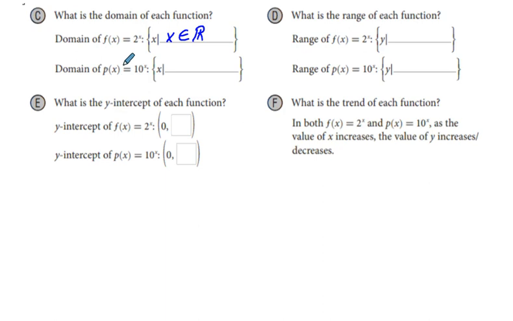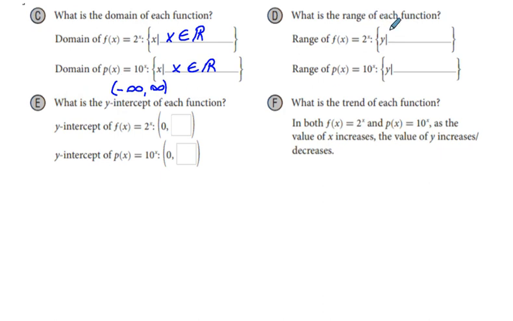And the domain of p of x equals 10 to the x power is the same. X such that x is an element of all real numbers. And there are different ways. The interval notation is going to be this one right here, negative infinity, infinity, that's going to be interval notation.